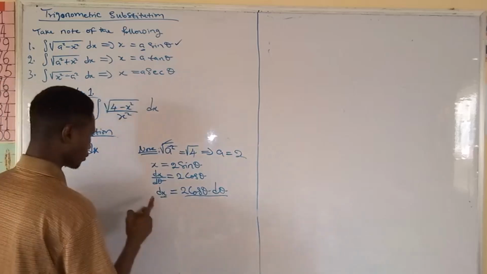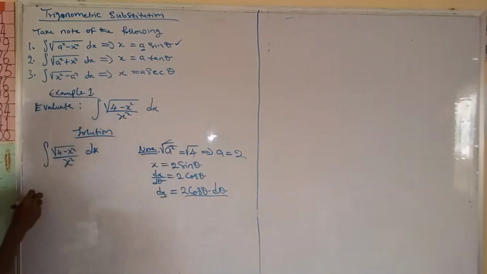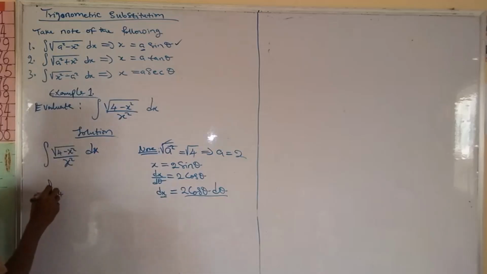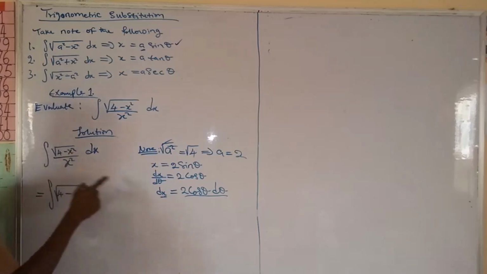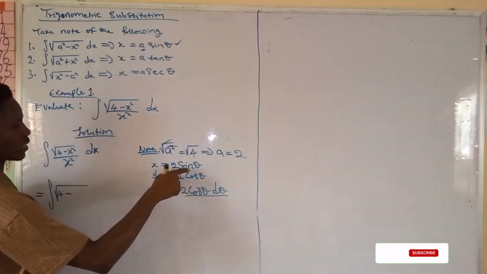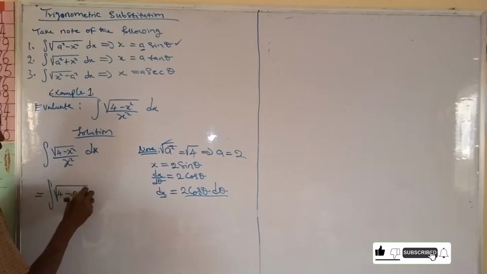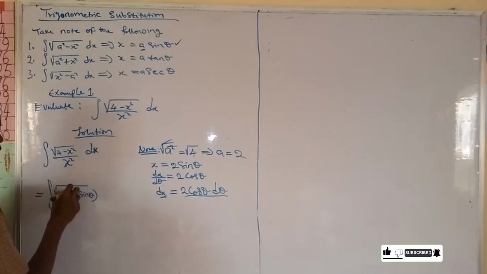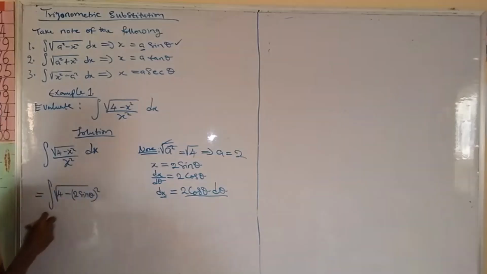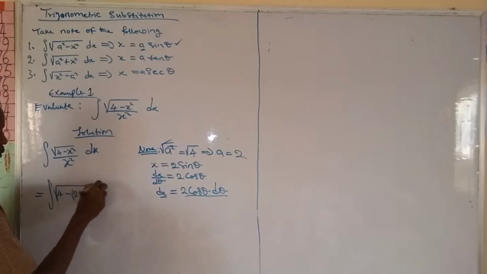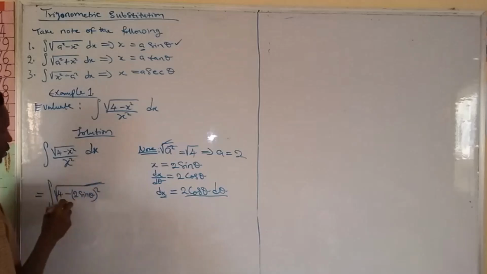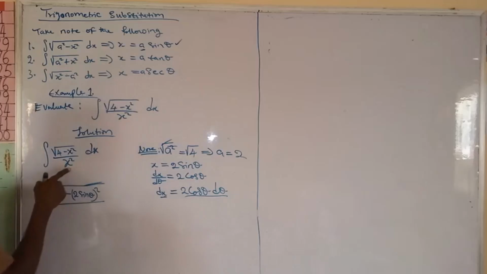Okay? Now back here, we say this is equal to the integral of the root of 4 minus, what is x? x is 2 sin theta. So this is going to give us 2 sin theta, all squared, over x squared.